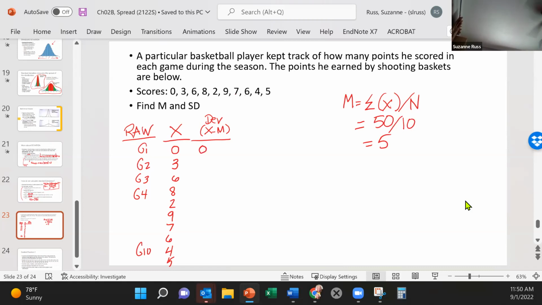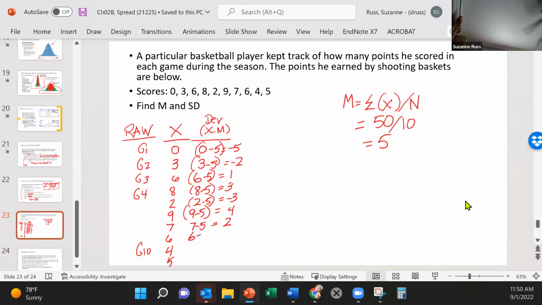The first score is 0, X minus M, 0 minus 5 equals negative 5. 3 minus 5 equals negative 2. 6 minus 5 equals 1. 8 minus 5 equals 3. 2 minus 5 equals negative 3. 9 minus 5 equals 4. 7 minus 5 equals 2. 6 minus 5 equals 1. 4 minus 5 equals negative 1.